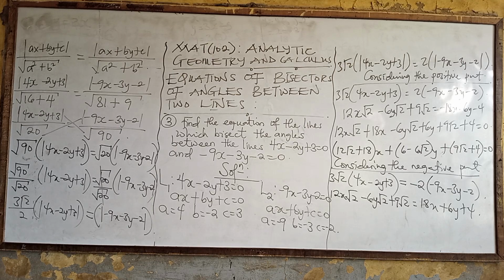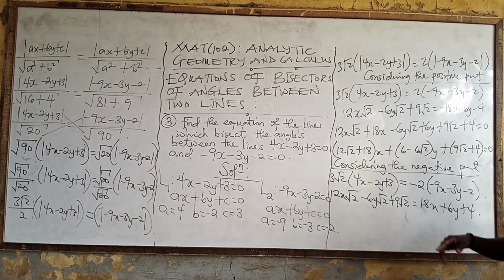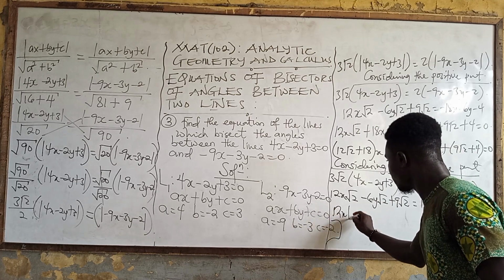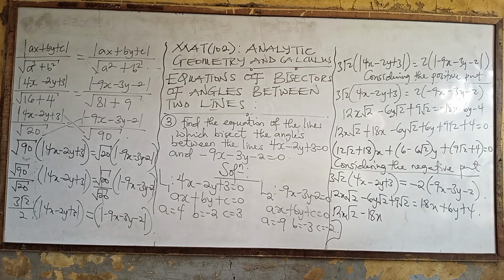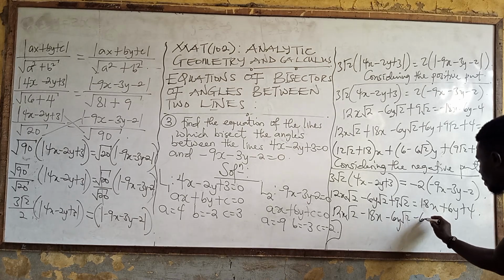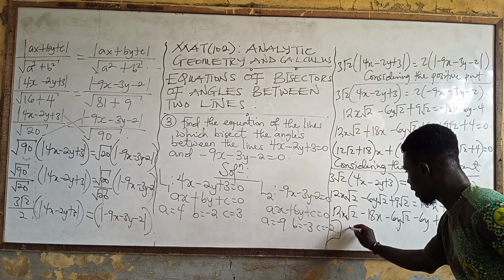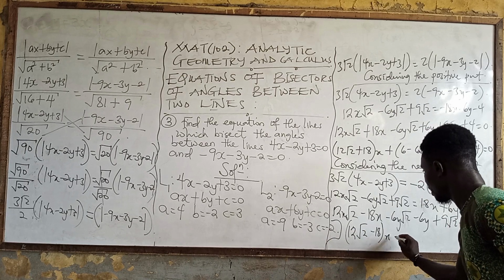So now, we send all the terms on our right hand side to the left hand side. Right. So we have this. So I have my 12x root 2, sorry, minus 18x minus 6y root 2 minus 6y, then plus 9 root 2 minus 4 equals 0. So we can factorize x out. So I have my 12 root 2 minus 18 times x.